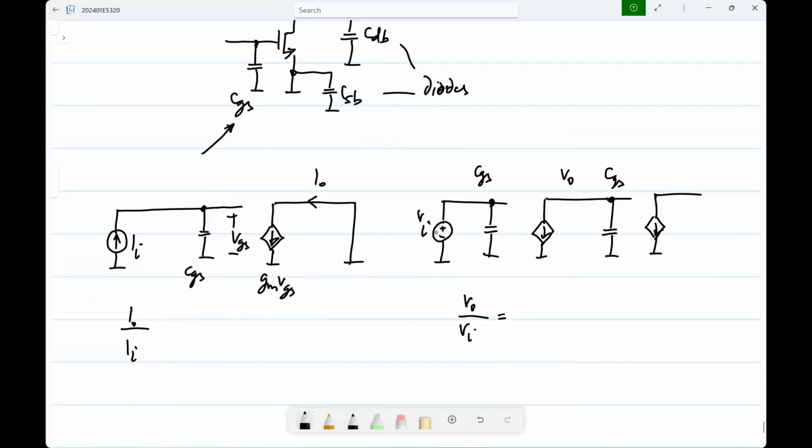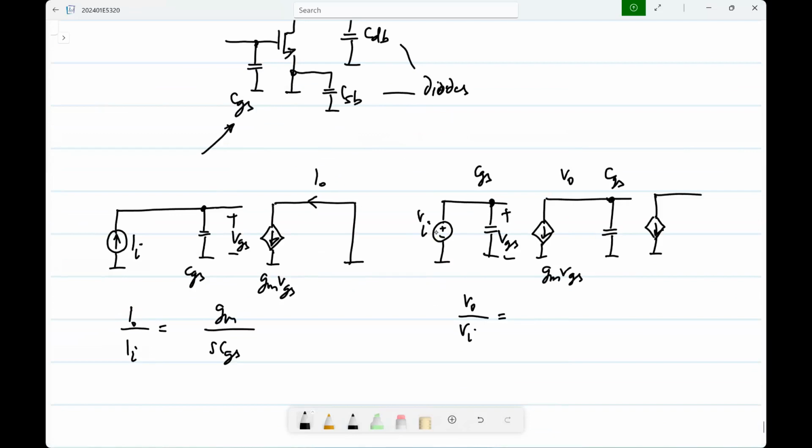What will be I naught by I in this case? It's Gm by S CGS. What will be V naught by Vi in this case? This is VGS, this is Gm VGS.